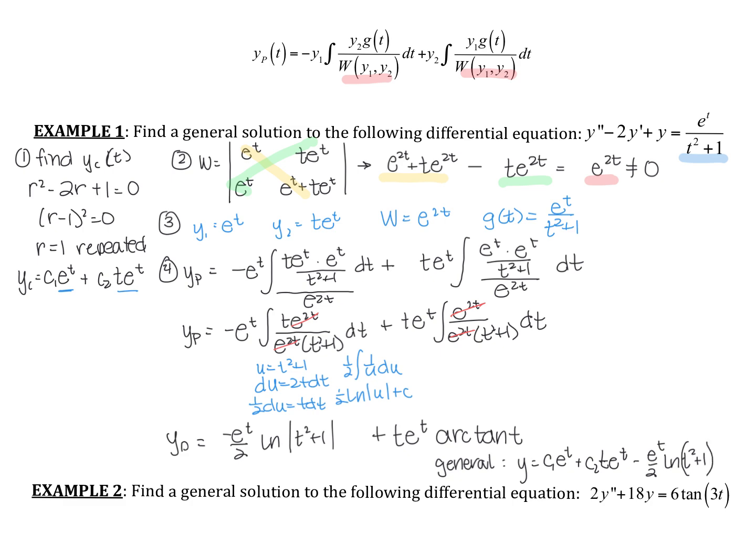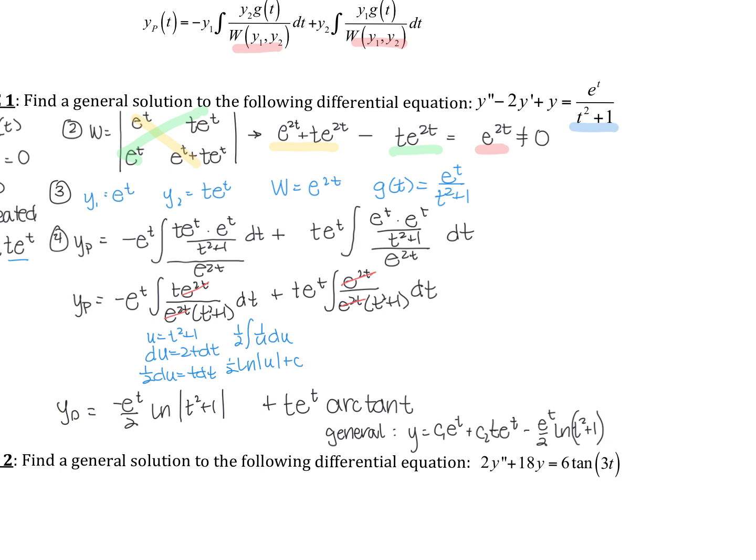I don't really need the absolute value because t squared plus 1 will always be positive, plus t e to the t arctan of t. And there's my general solution. So that is how we use the variation of parameters.